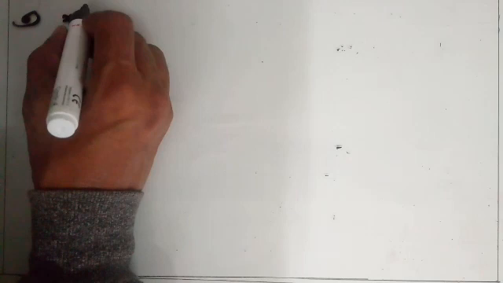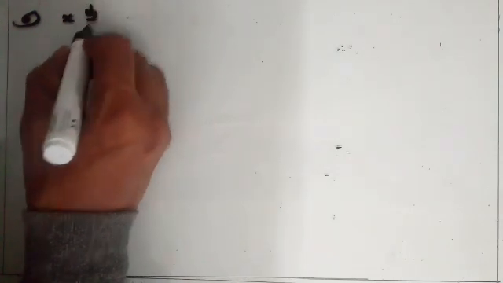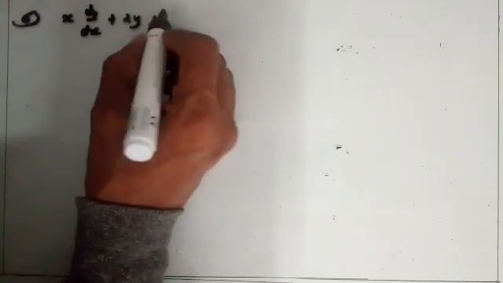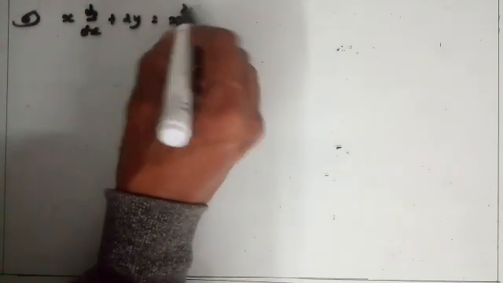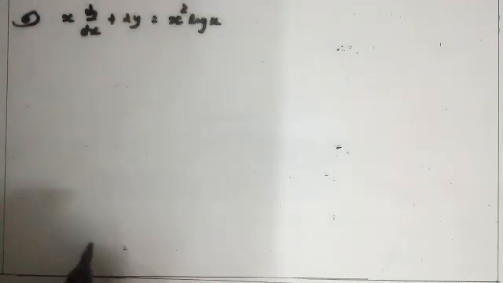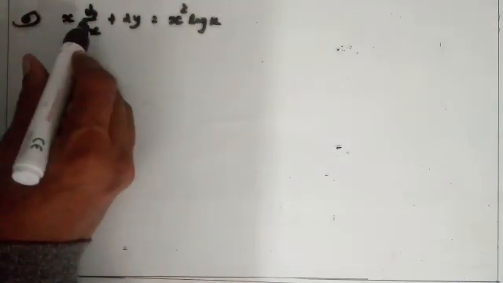Now question number 6. Find the general solution of x into dy dx plus 2y is equal to x square log x. First divide by x.